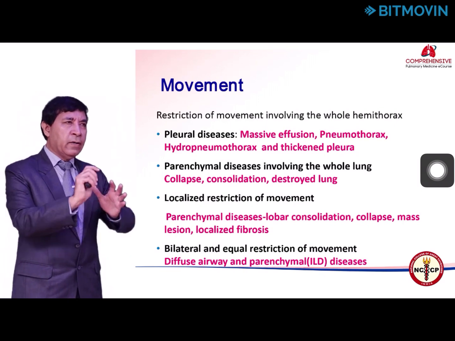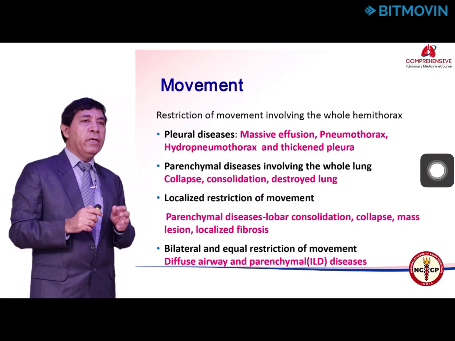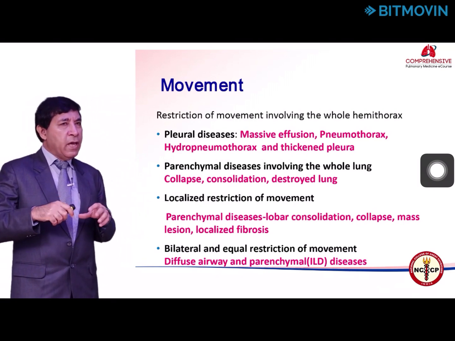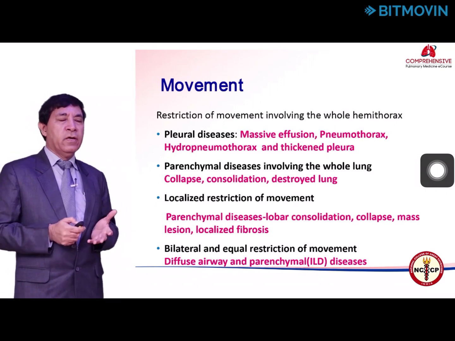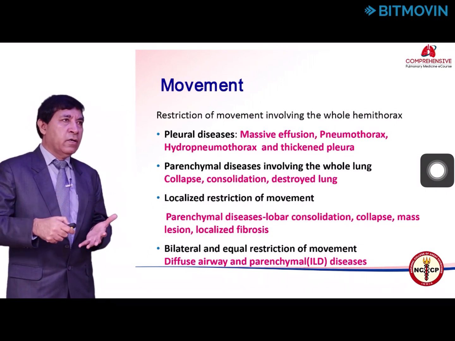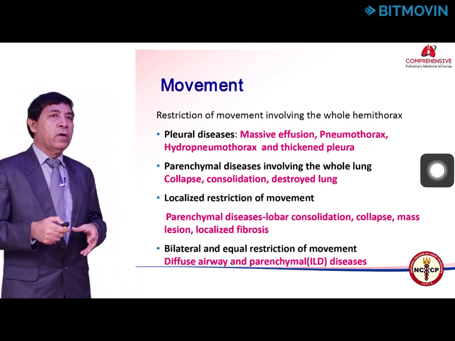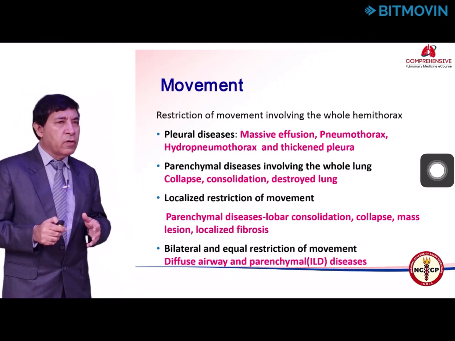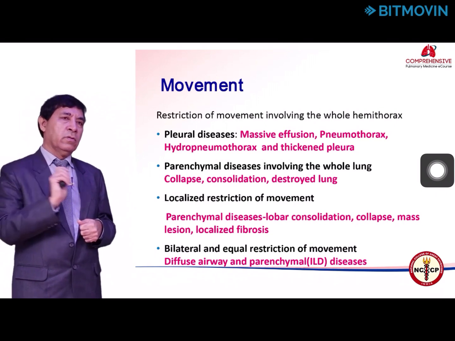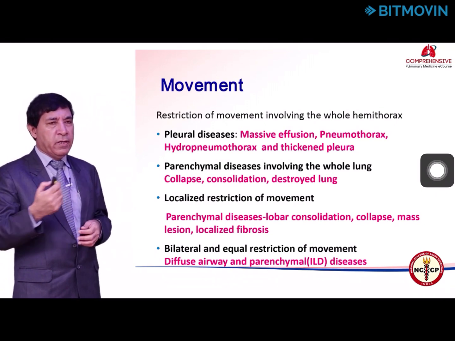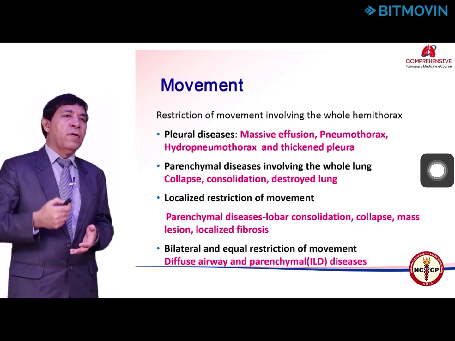So, movement helps us not only in localizing the side of the disease, but from the extent of the loss of movement, you can actually say whether the whole lung is involved or it is a pleural disease, because pleura is all along one cavity which is there from anterior to lateral to posterior from above downward.